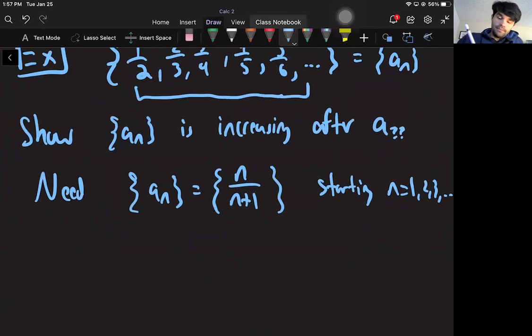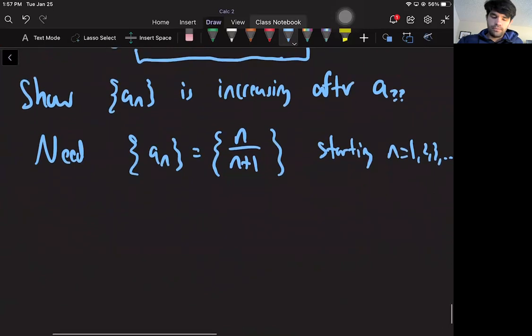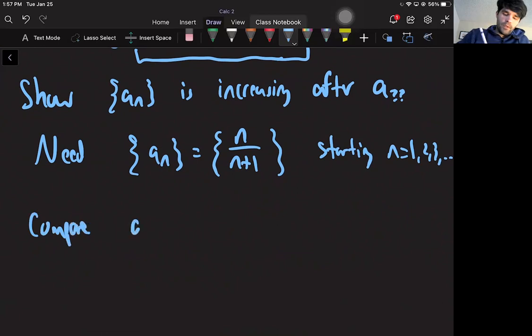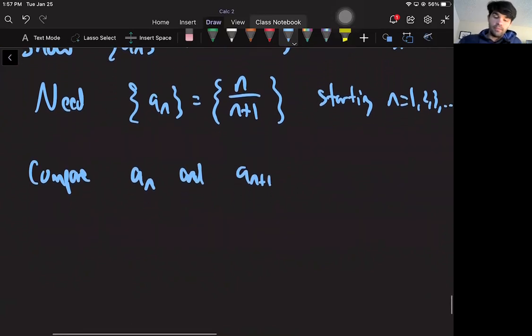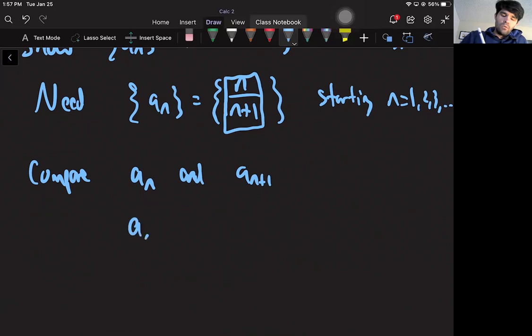So here is what I need to deal with. And so all we do is compare A_n and A_(n+1) now. Okay, so what's A_n? Well, A_n is just this, because this is the representation of the nth term. So A_n is n over n plus 1. What's A_(n+1)?